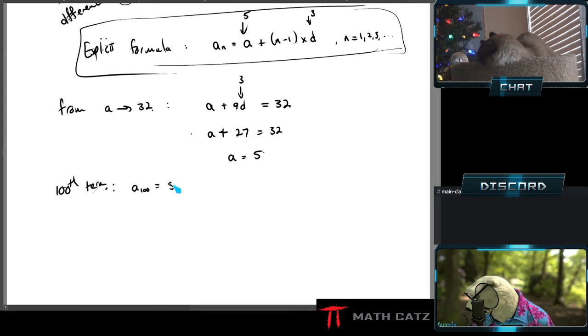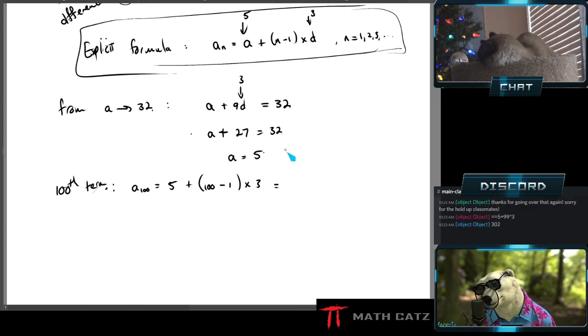Plug in 100 in my explicit formula: 100 minus 1 times 3, and I get something that MathBot can quickly find for us. 5 plus 99 times 3, and we get 302.